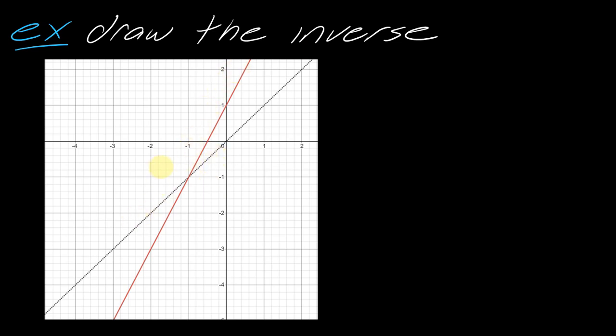Starting with this part of the graph, if I were to flip it over this black dotted line, the y equals x line, I would have something that looks like this, right? Just starting with this piece here. And then this part of the graph, if I were to flip this over y equals x, then I would get this line here. So that is what an inverse should look like, and that's how you get to it.